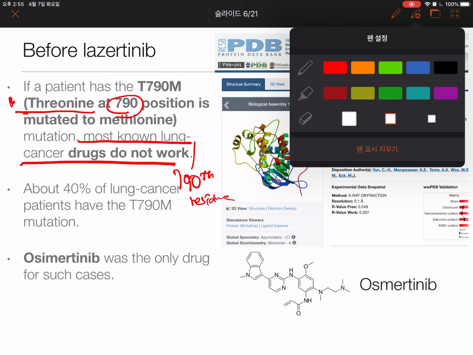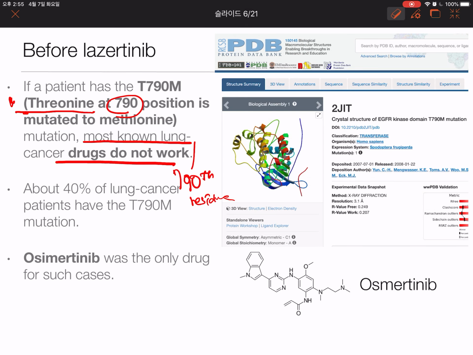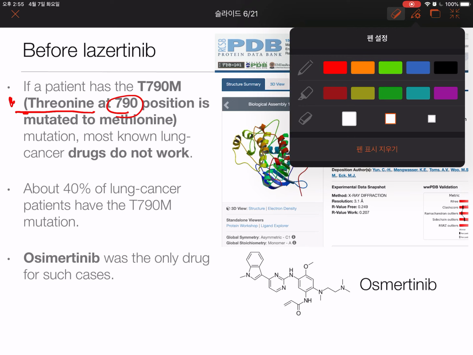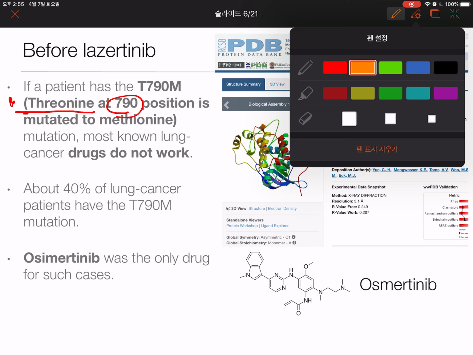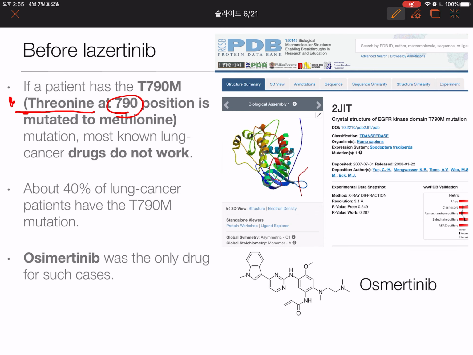And unfortunately, it is also known that about 40% of lung cancer patients have the T790M mutation. Okay? Which means that 40% of lung cancer patients don't have any drugs if they have this kind of mutation.